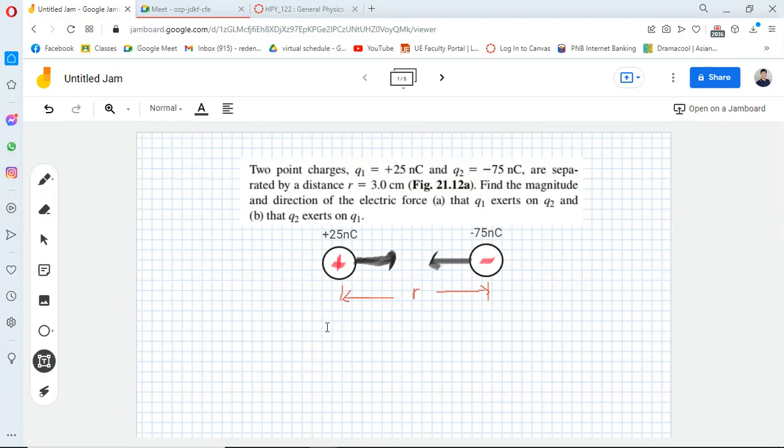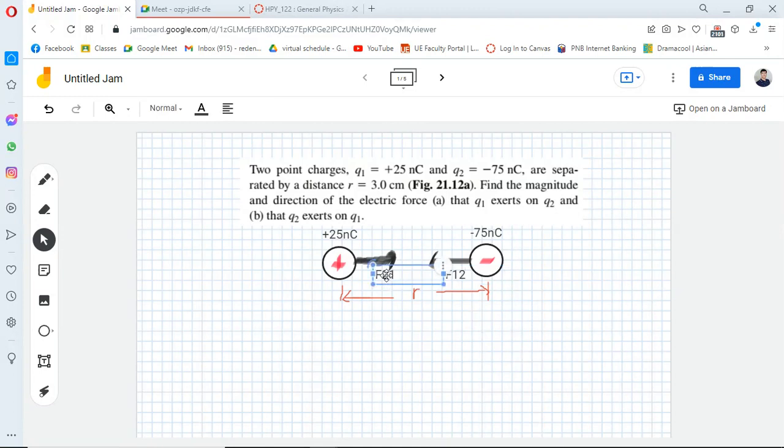So, kailangan na lang natin siyang i-label. So, we can label this as F21. Tama, no? Dahil ito yung ating charge 1. Okay, well, the other one naman is F12. Tama? Tama po ba?